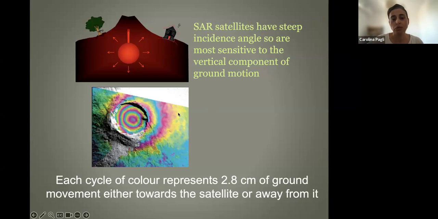So to understand how the Earth moves, we count how many fringes there are. Let's assume that here in the far field, you have your zero. If you start counting, say, let's assume the blue is the zero, then blue, green, yellow, pink. When we start again with the blue, we know we've reached a deformation of 2.8 centimeters.